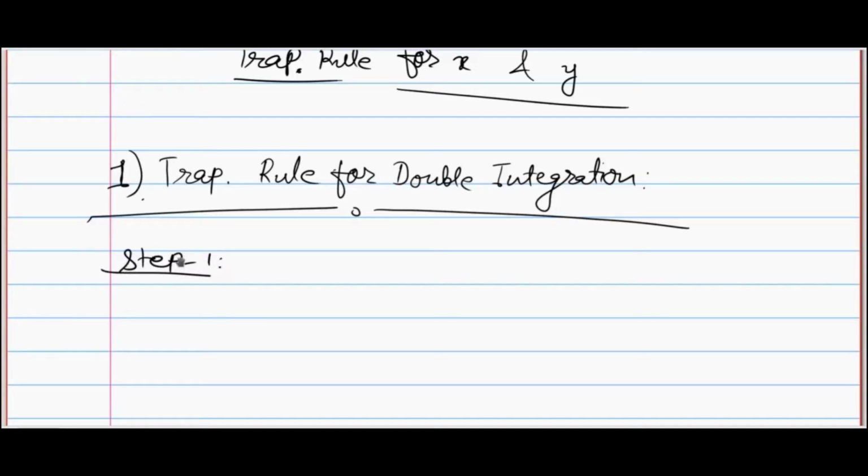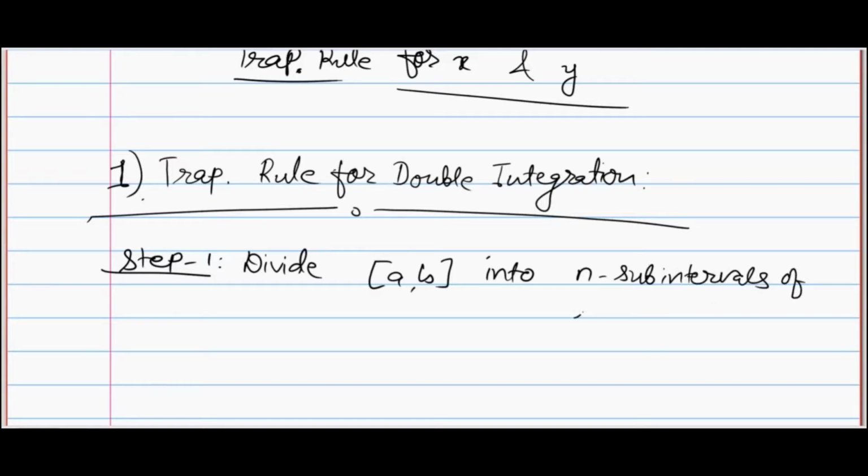Divide the interval AB into n equal subintervals, each of length h.